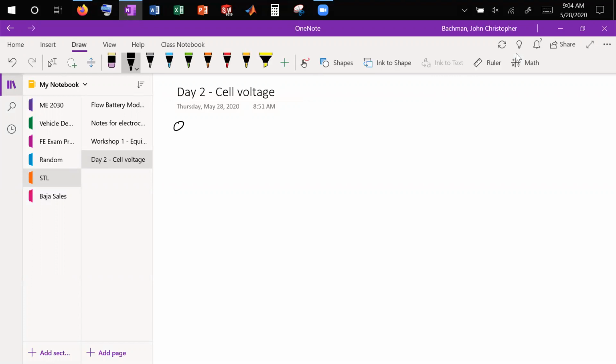Okay, so a quick recap from last time. We identified important things that we wanted to be tracking in our cell, important model parameters. Things we were looking at most were voltages and currents.